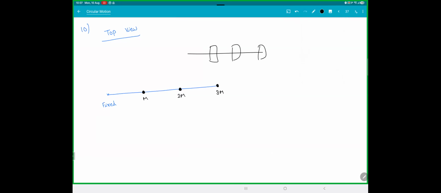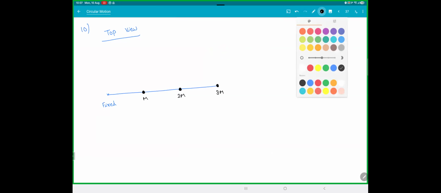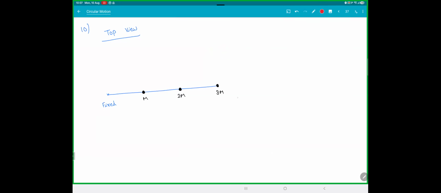Can you imagine? So this whole setup is rotating with omega. They are all equidistant from each other, each separated by L. So the tension in the rod is T1, T2 and T3. The rod is massless. It's a light rod which is rotating in a horizontal plane. Find T1, T2, T3.